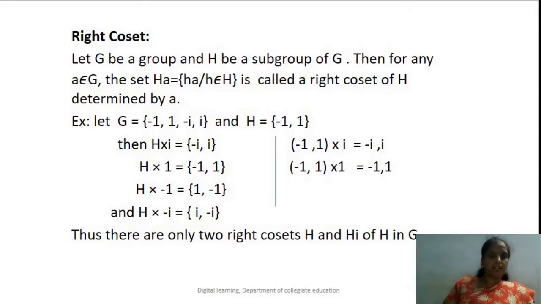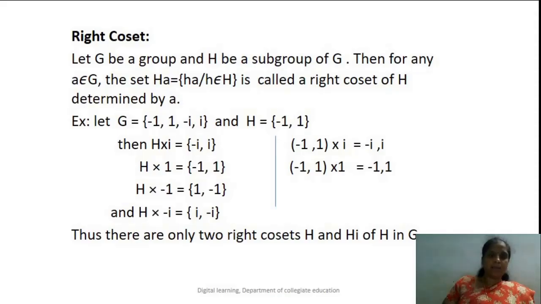You have to remember this carefully, as right and left cosets are important.